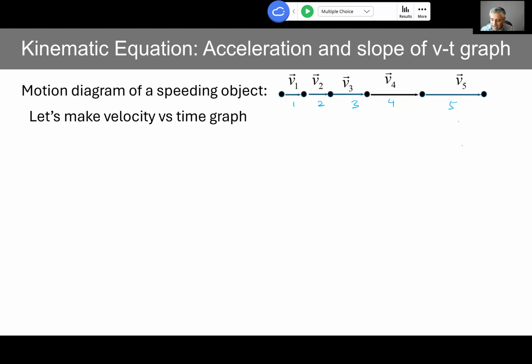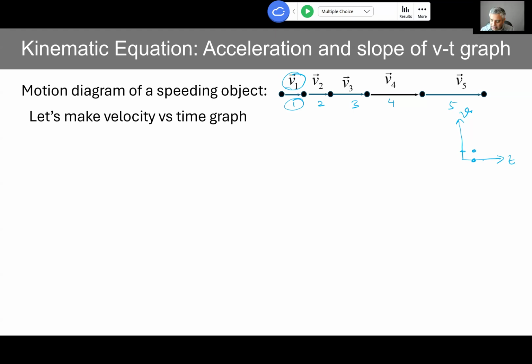Then we can make a graph of velocity and time. So for the first time interval, the velocity is this much. How much is that? Let's say that is 1. So you go here and put that.